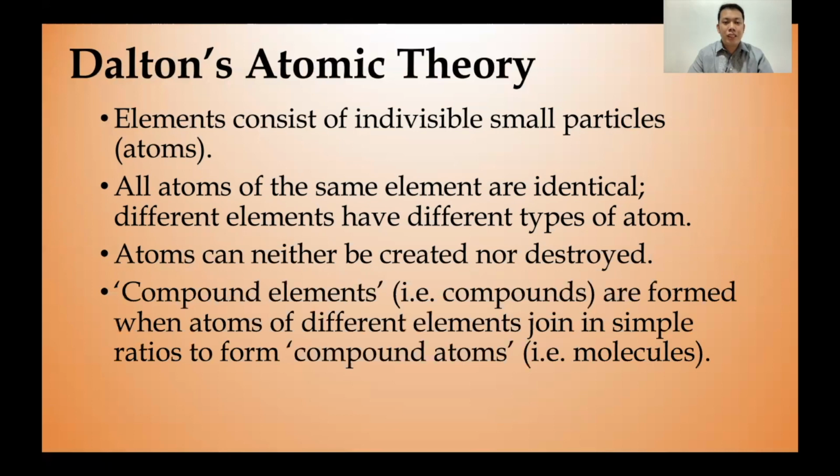The fourth assumption is that compound elements are formed when atoms of different elements join in simple ratios to form compound atoms. They do this in a certain proportion or ratio. For example, when hydrogen atoms chemically combine with oxygen to form water, it should be two atoms of hydrogen for every one atom of oxygen.